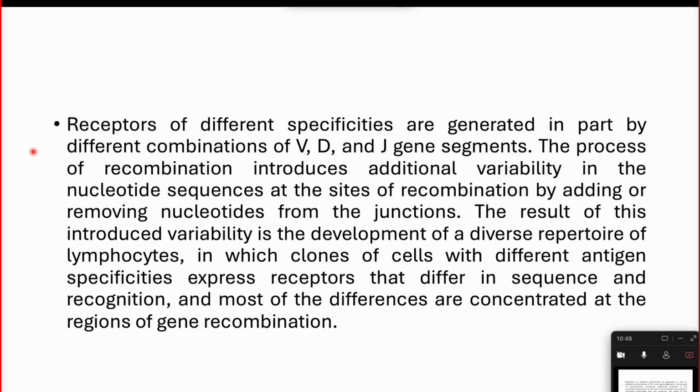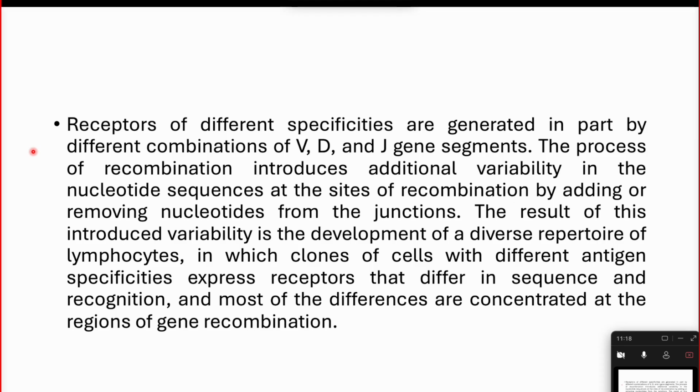Receptors of different specificities are generated in part by different combinations of V, D and J gene segments. The process of recombination introduces additional variability in the nucleotide sequences at the site of recombination by adding or removing nucleotides from the junctions.